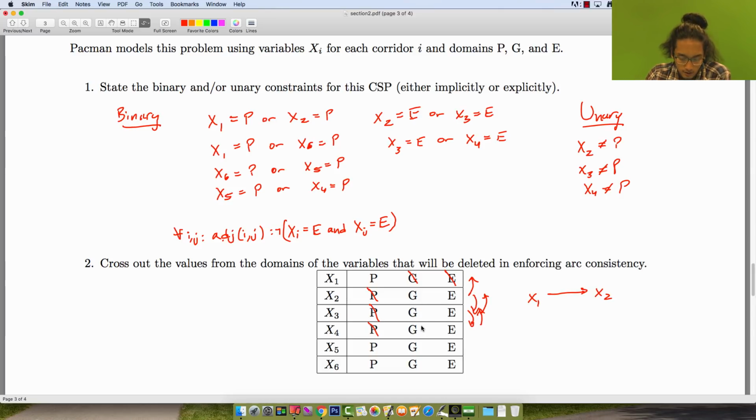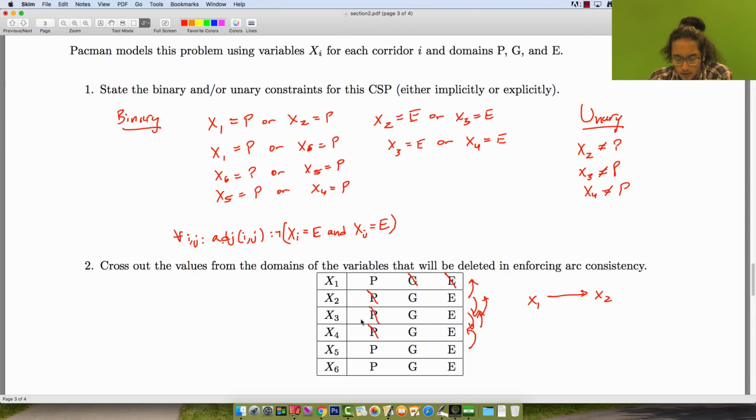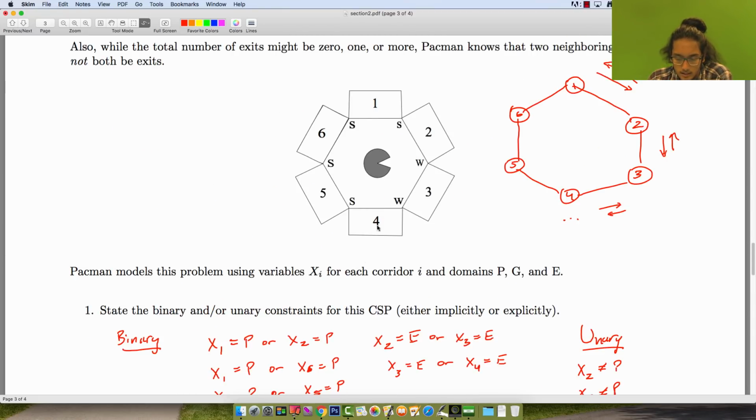The next interesting thing comes when we are looking at the arc from x5 to x4. First let's consider P. Maybe let's scroll up again to remind ourselves what x4 and x5 look like. So that's x4 and that's x5.